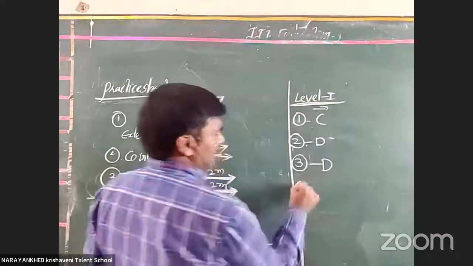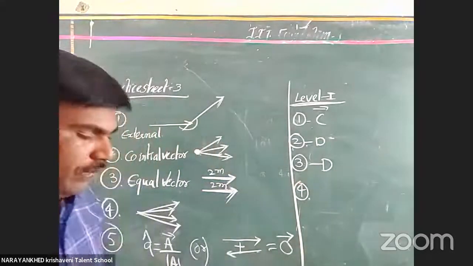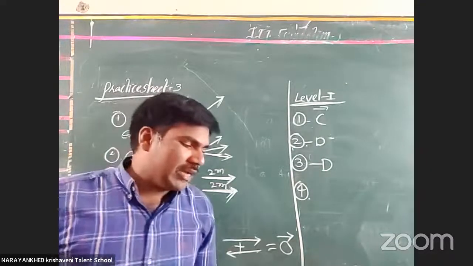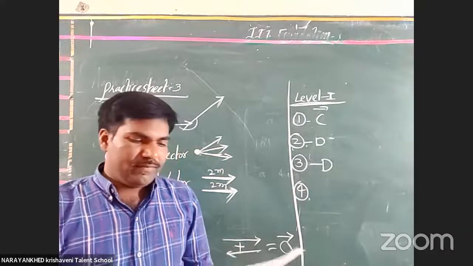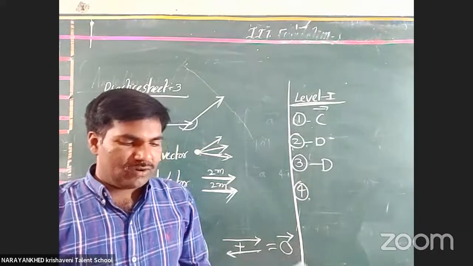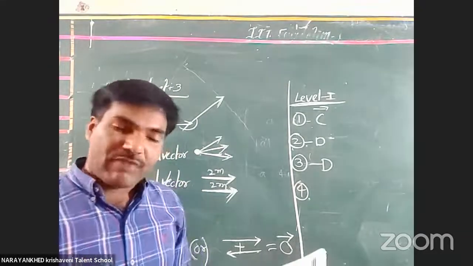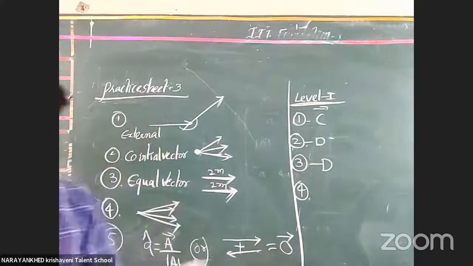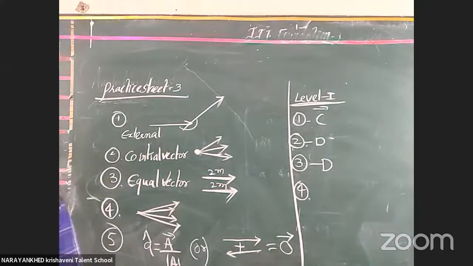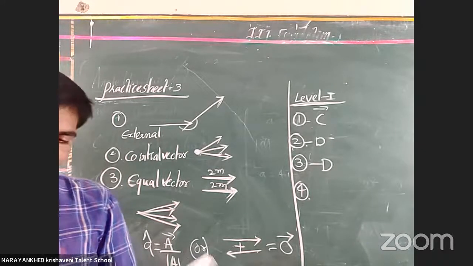Already we have discussed many times the types of vectors. If the vectors have the same magnitude and are parallel to each other, then they are called like vectors. Unlike vectors are those with opposite directions.